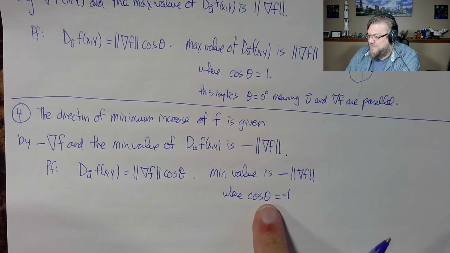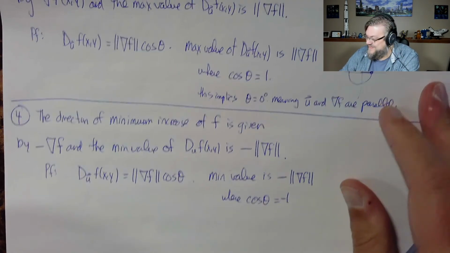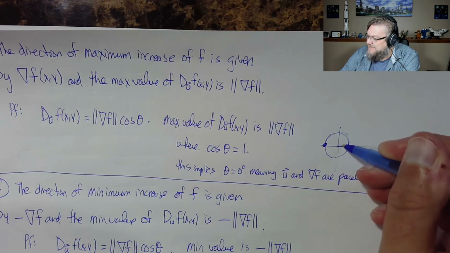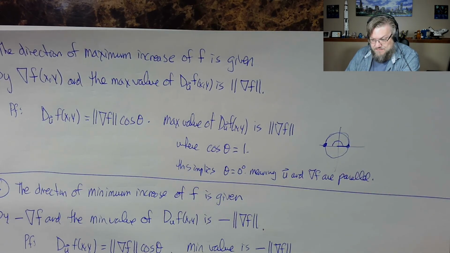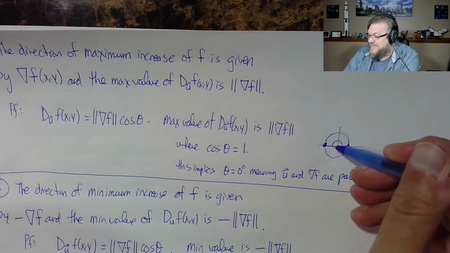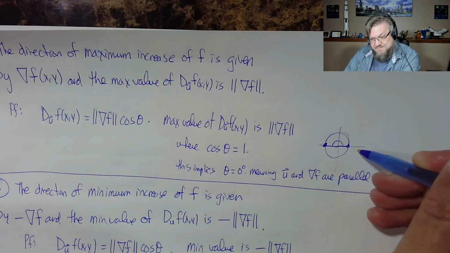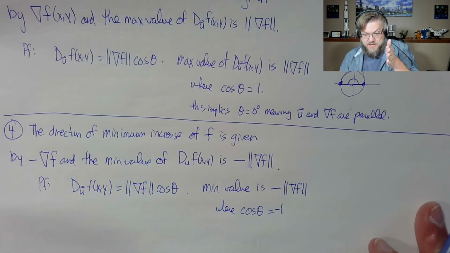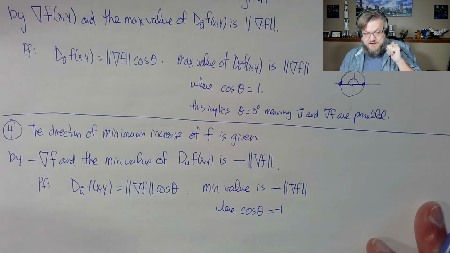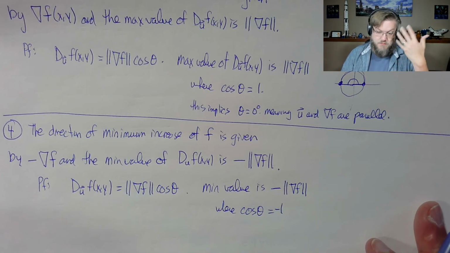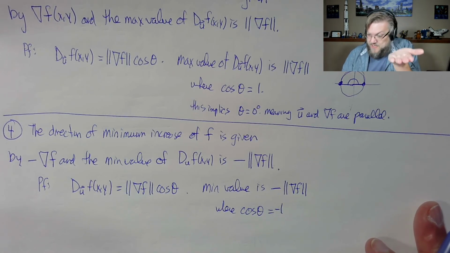But now, wait a minute, what does that mean for my angle? If my cosine is -1, that means I'm over here, and now I have an angle of 180 degrees. Do you see that? So I'm looking in the opposite direction of the gradient. The angle between the direction I'm looking and the gradient is 180 degrees. I'm looking in the opposite direction from my compass.